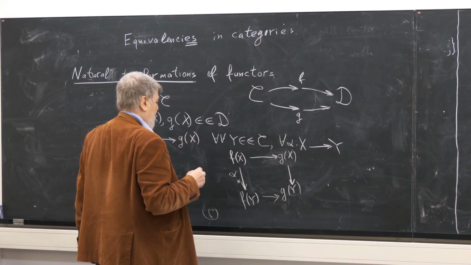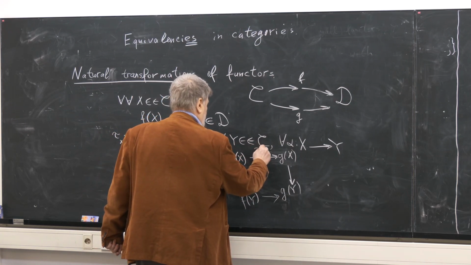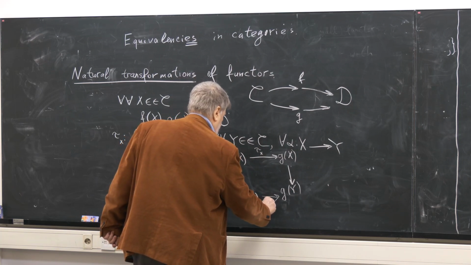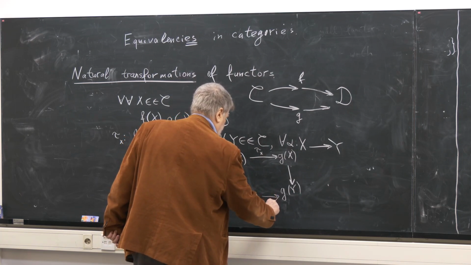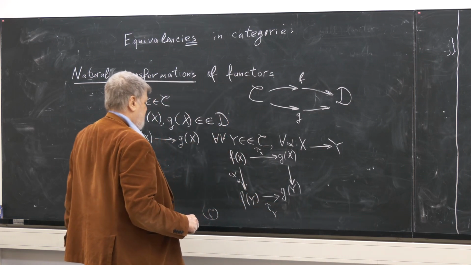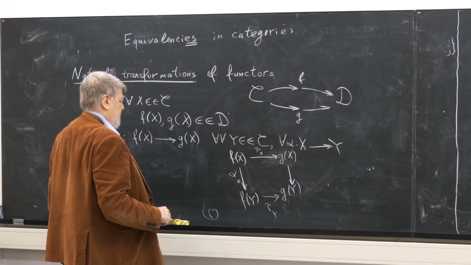Then we have tau sub x and tau sub y, and the last one is what?